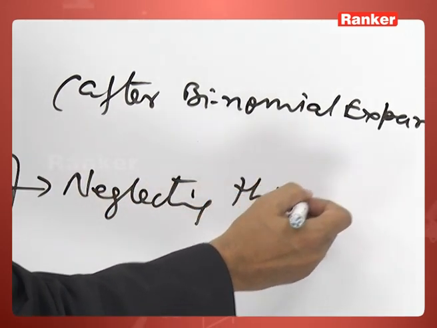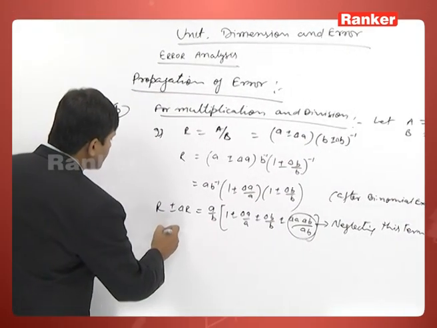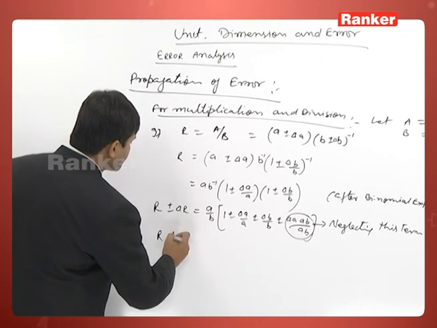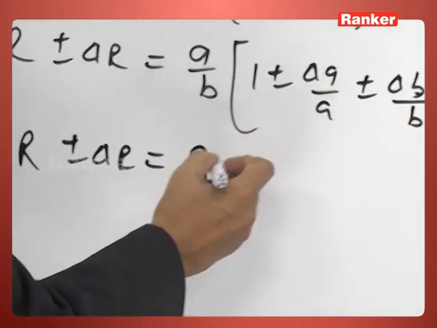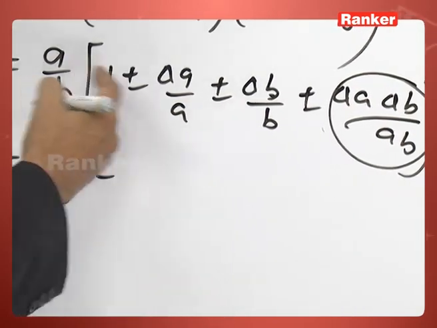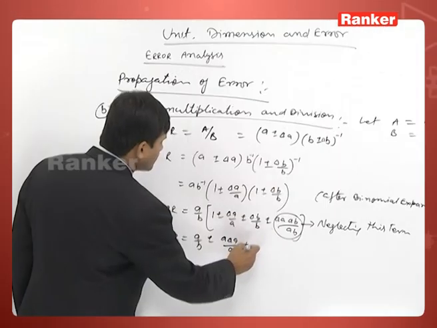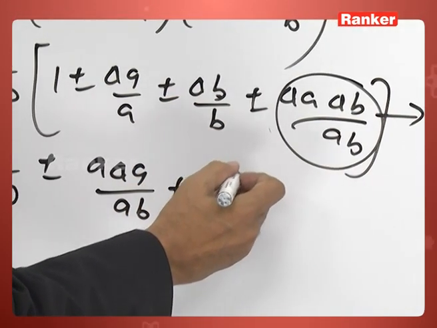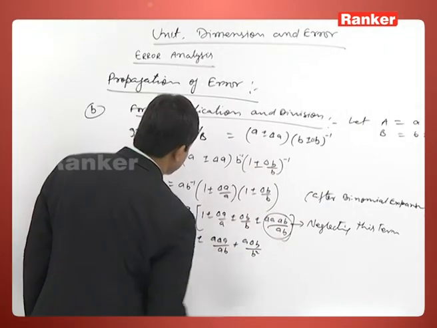So finally, R plus minus delta R is equal to A by B, then we can simplify: plus minus delta A by B plus minus A delta B by B square. In that manner we can get it.